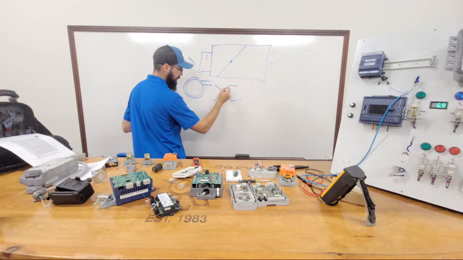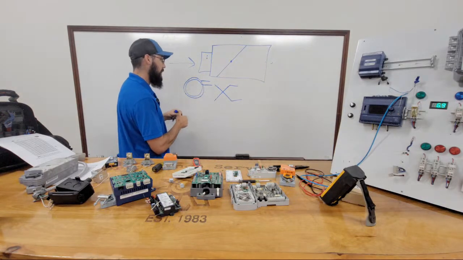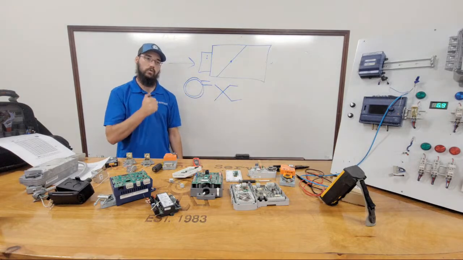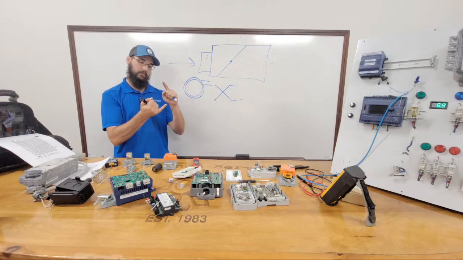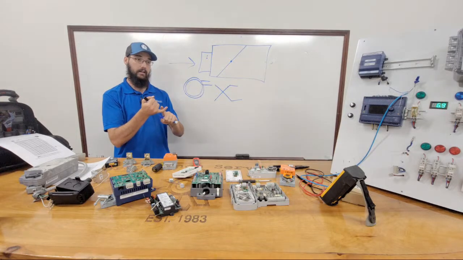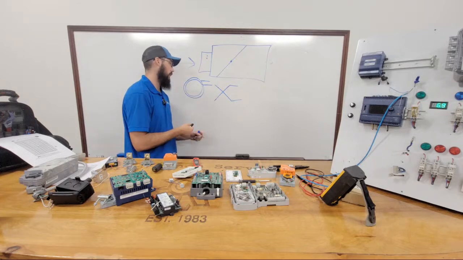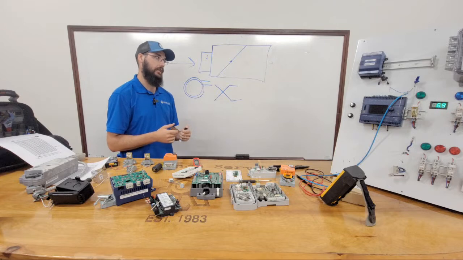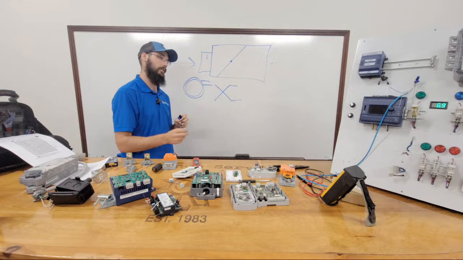And its primary job is to read total static pressure. Okay? Total static pressure is static and velocity pressure combined. So we can't necessarily read velocity pressure, but we can calculate velocity.